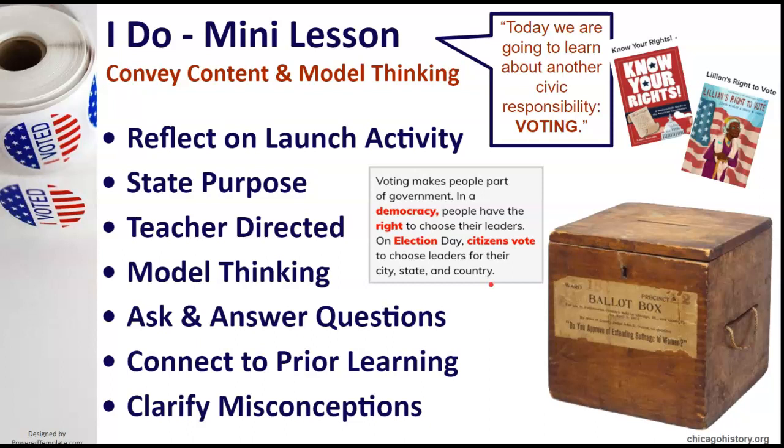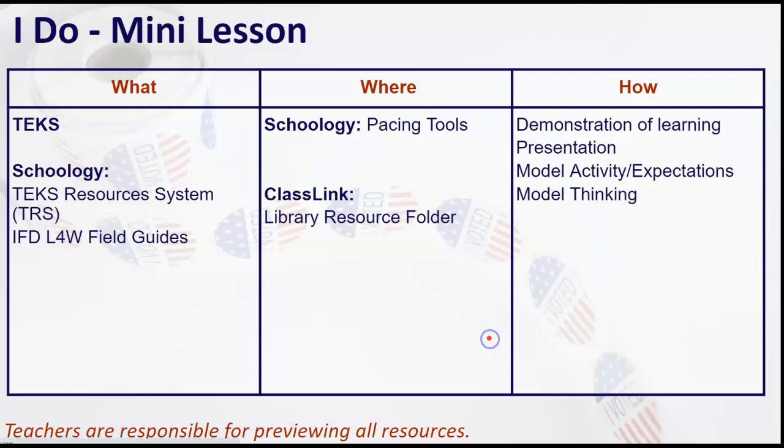Citizens vote to choose their leaders for the state, city, and country. With this mini lesson, we're really working with the content and getting the information transferred so that students can process it.